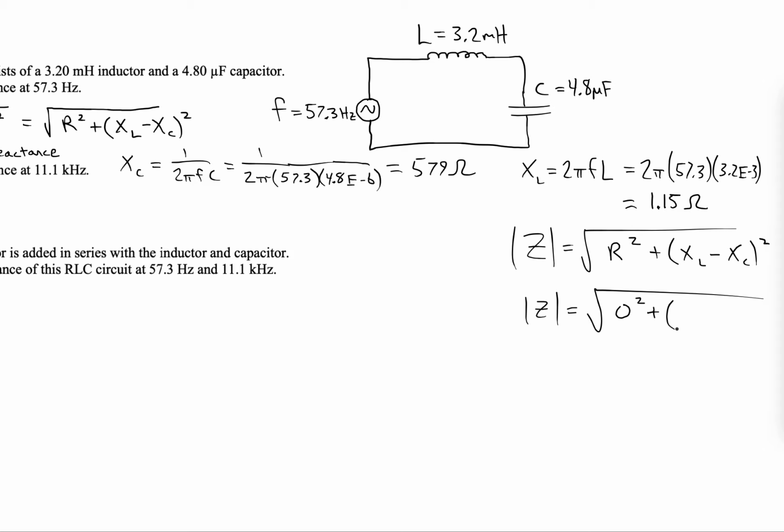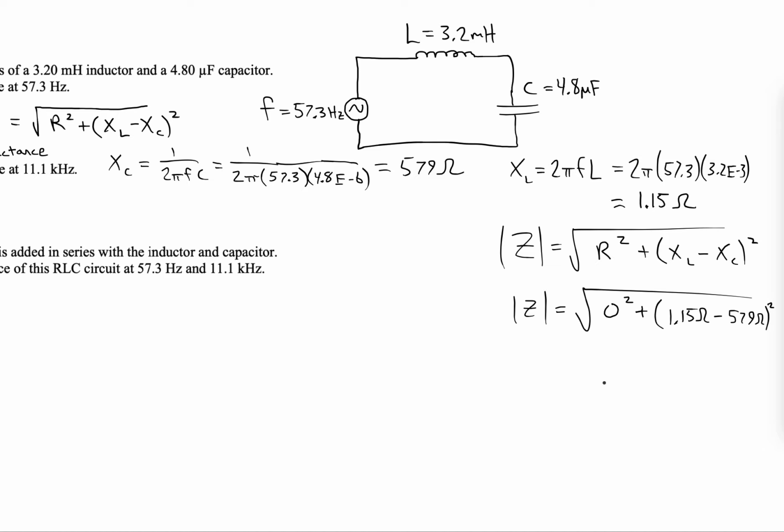Our inductive reactance is 1.15. Capacitive reactance 579. Alright, so Z comes out to be about 577 ohms.